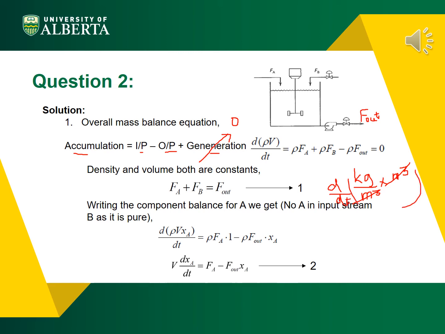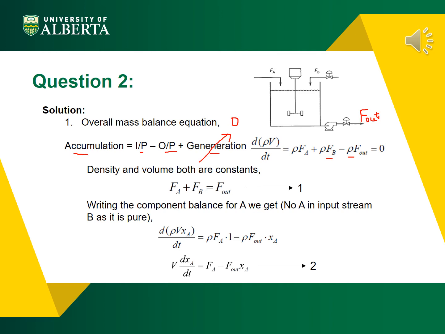So density into Fa plus the second stream's mass flow rate, which would be density into Fb, minus, in our assumption we have been given that there is no change in density by mixing, so the density in the output stream would also be rho. So the output is rho into F out, if F out is the output volumetric flow rate.